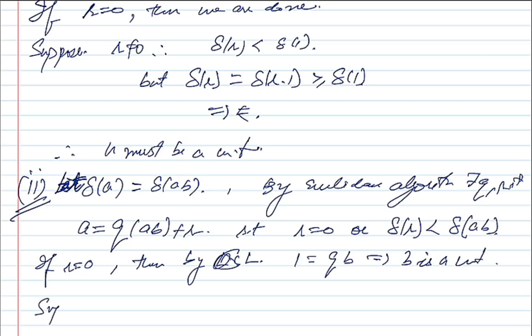So suppose delta r is less than delta of AB.